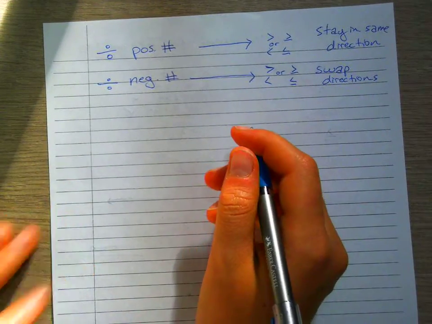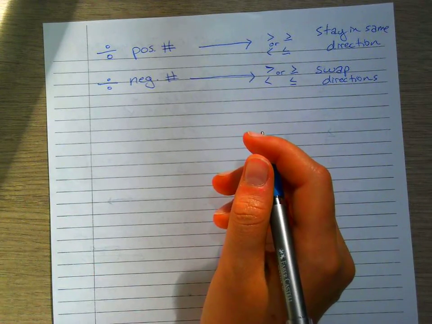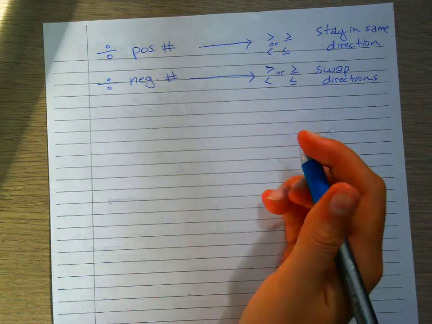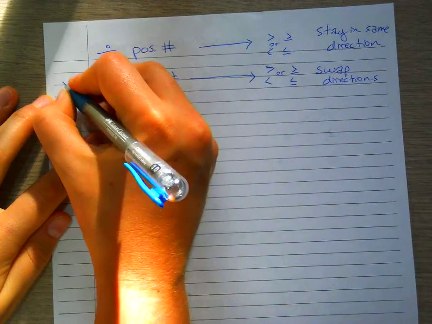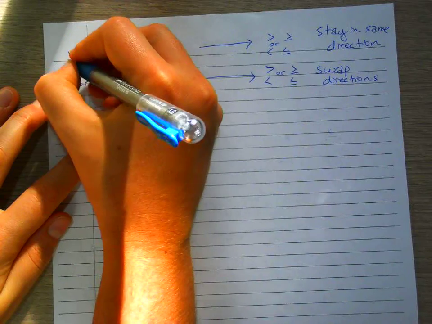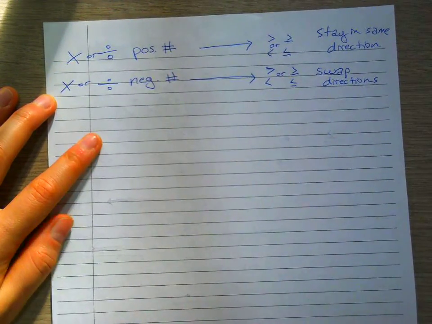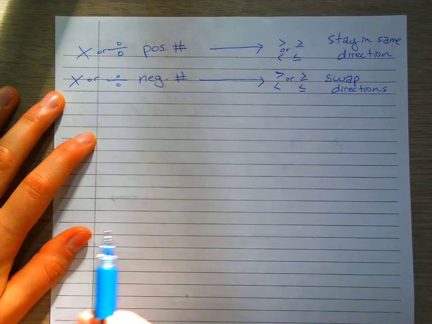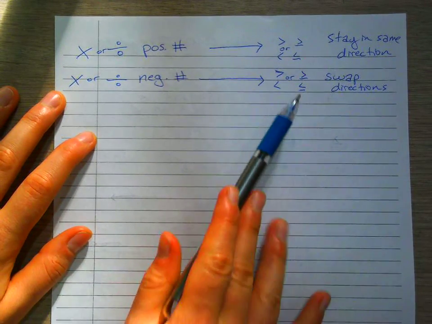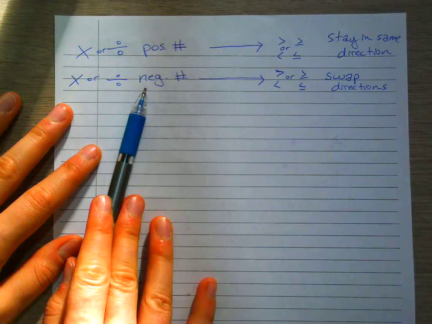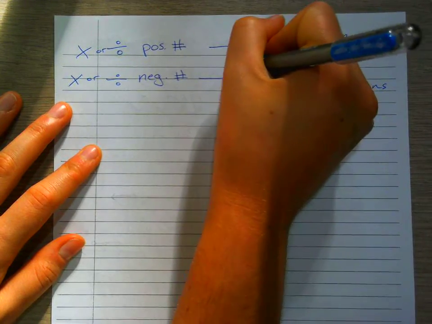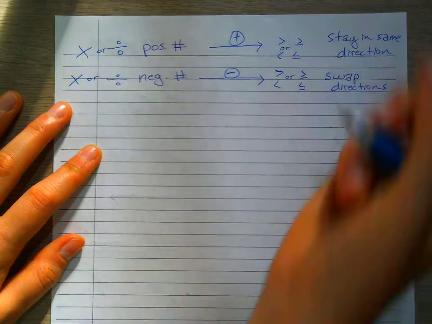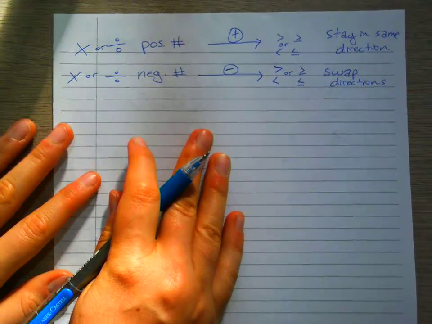Okay, it's the same as if you multiply. It does the exact same thing. So we could say multiply or divide. Remember, for addition and subtraction, it doesn't matter if you have a positive or negative number, if you're adding or subtracting, and the sign stays the same. But for these, if you do something with a negative, it swaps, positive stays the same. So let's try it.